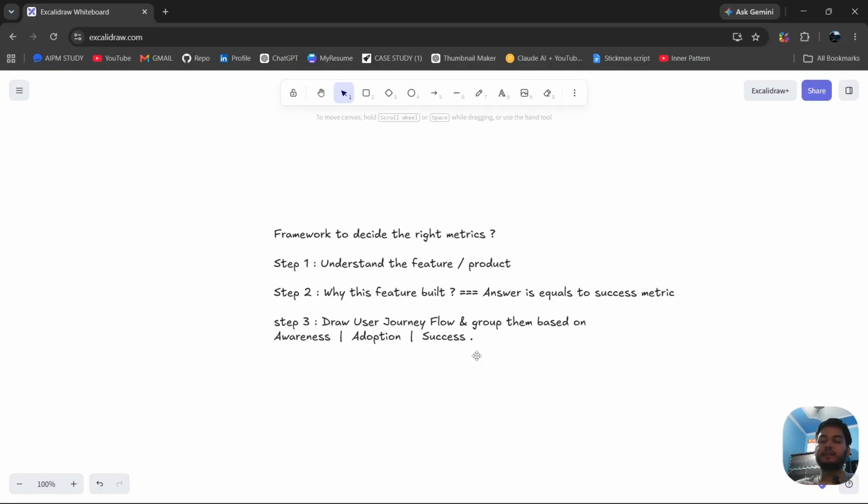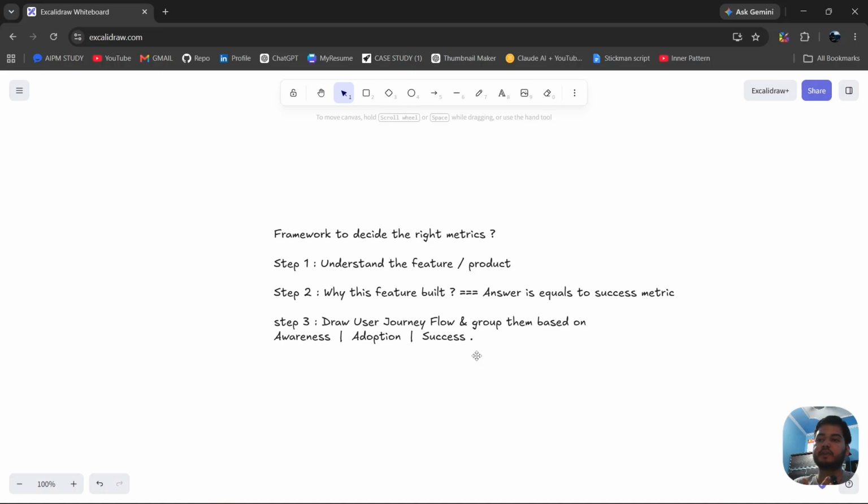Step number one is simply understanding the feature of the product, and step number two is to find out the purpose of that feature. Why is that feature being built? That answer will be equivalent to your success metric, or you can say your North Star metric.